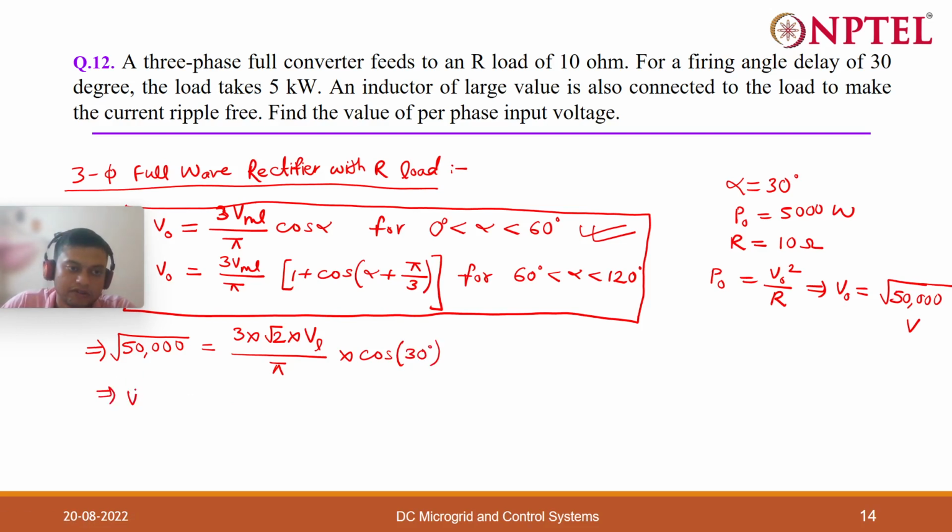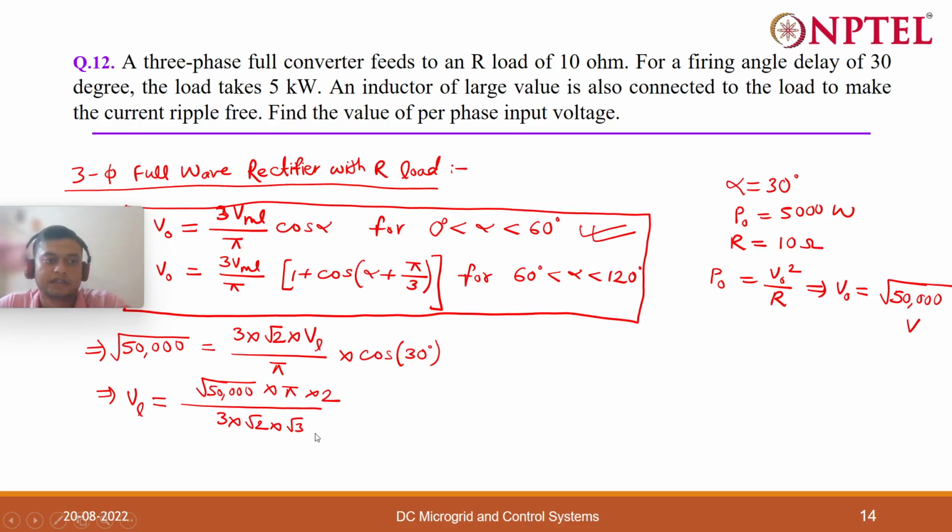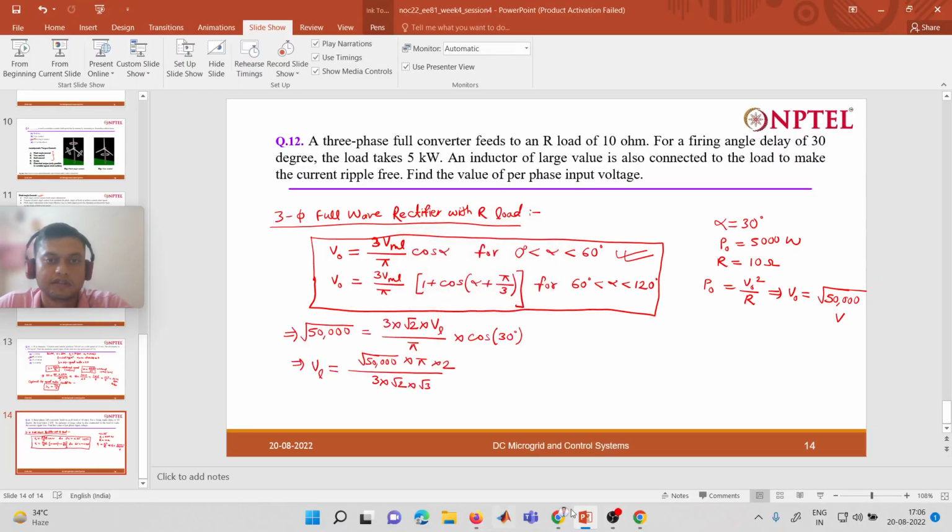So you can get the RMS value of line voltage as root 50,000 into pi divided by 3 into root 2. Cos 30 is root 3 divided by 2. So now we calculate what it comes out to be.